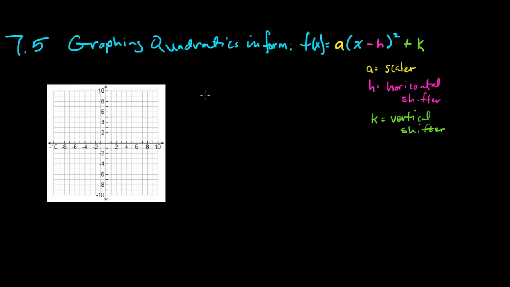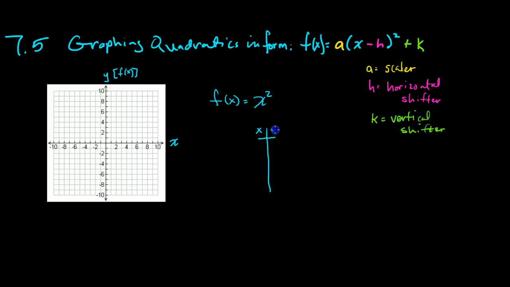Let's start, first of all, with the easiest parabola, where f of x equals x squared. So we have our x-axis and we have our y-axis. Often I like to say that the phrase f of x is just a fancy way of saying x and y.